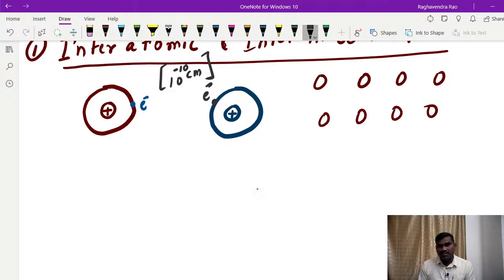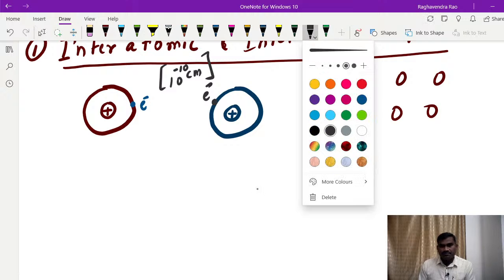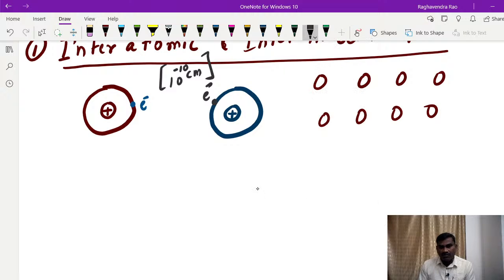Here the possibilities are: this is an electron and this is an electron, belonging to neighboring atoms. There is a repulsive force between these two electrons, and a repulsive force between these two positive nuclei, because like charges repel each other.